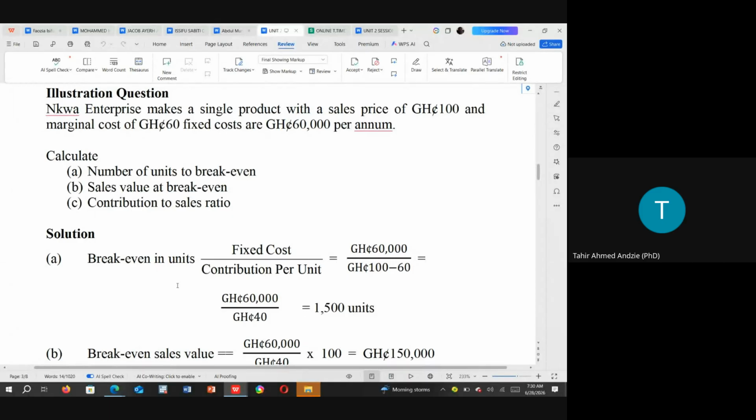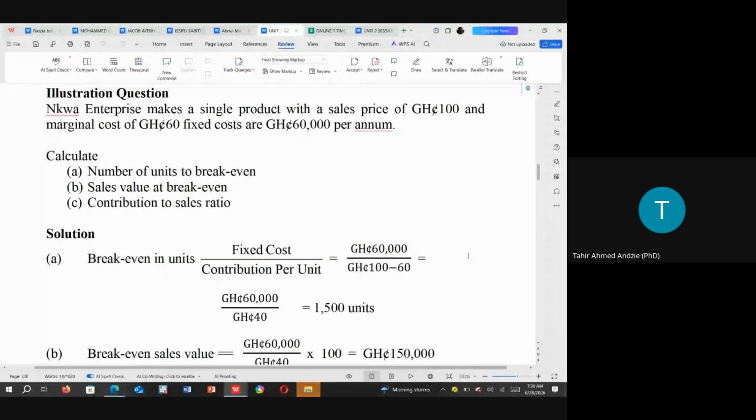The selling price is 100, the marginal or variable cost is 60, so 100 minus 60 gives you 40. So contribution is equal to 40.